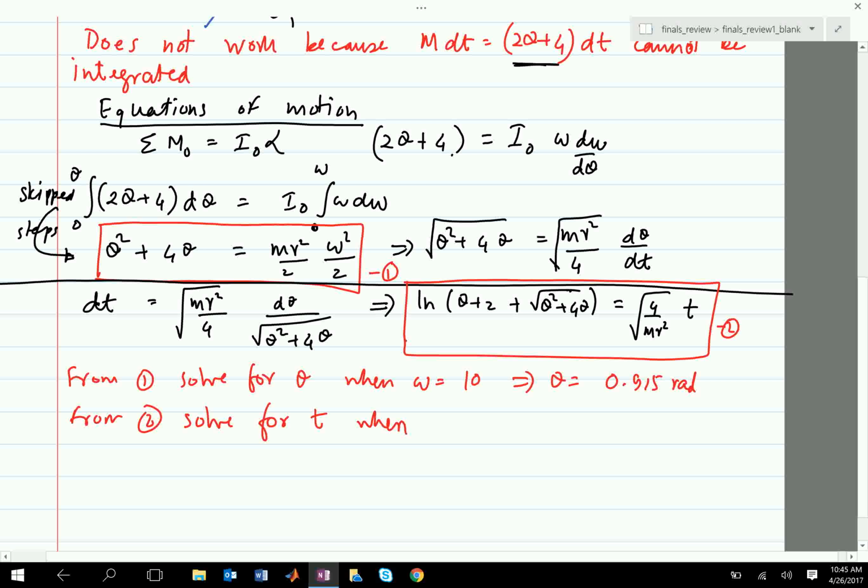So then I need to do is solve for t using 2, when theta equals 0.915, to get t equals 1.08. So what I've done is I've solved for omega as a function of theta first, and then solved for theta as a function of time.